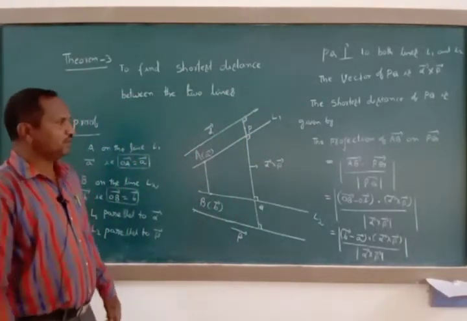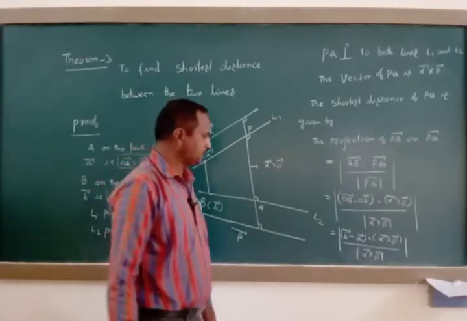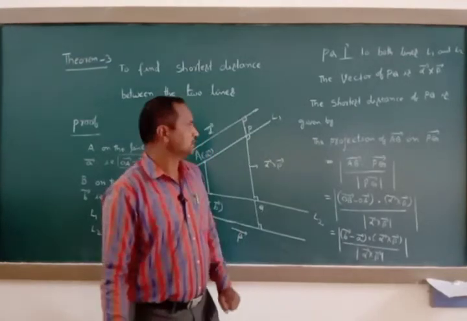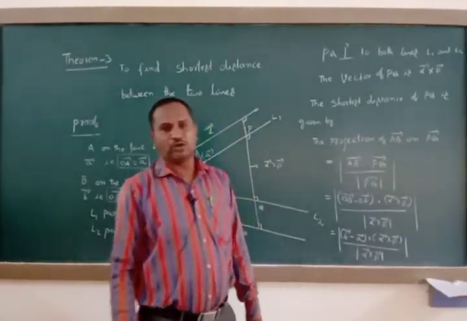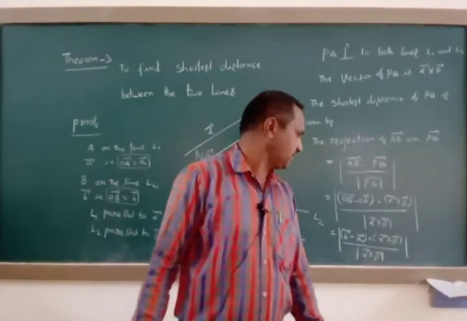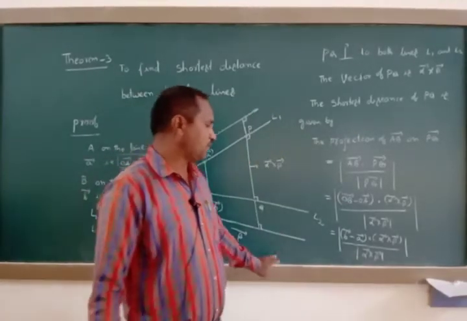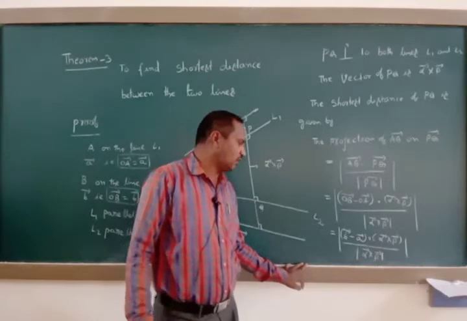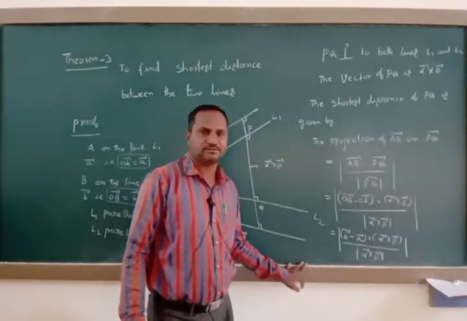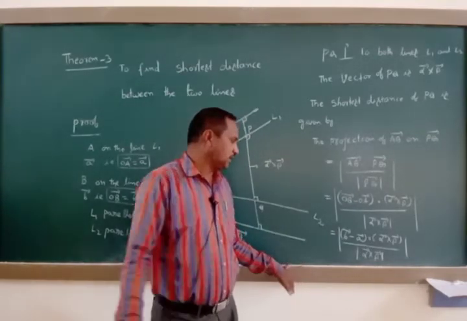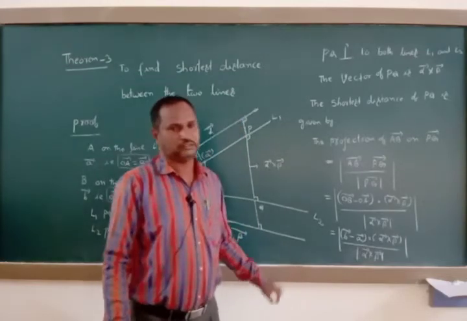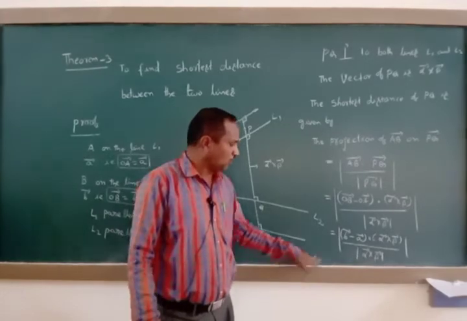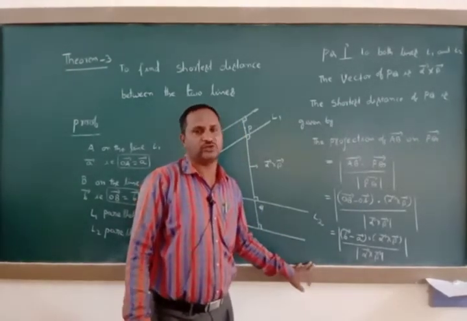Whenever they ask to find the distance between the skew lines, at that time we have to apply this formula, that is the modulus of B vector minus A vector dot alpha vector cross beta vector, whole dividing by magnitude of alpha vector cross beta vector. How to collect the B vector, A vector, alpha vector and beta vector? They will give all these in the question.